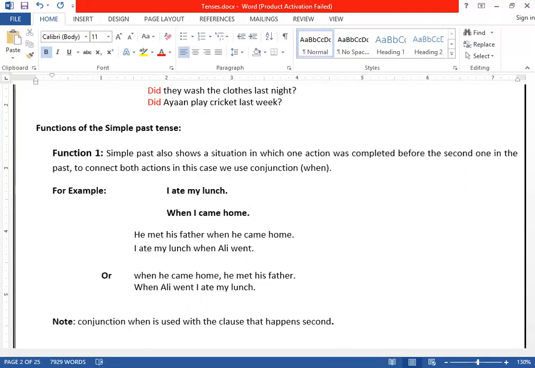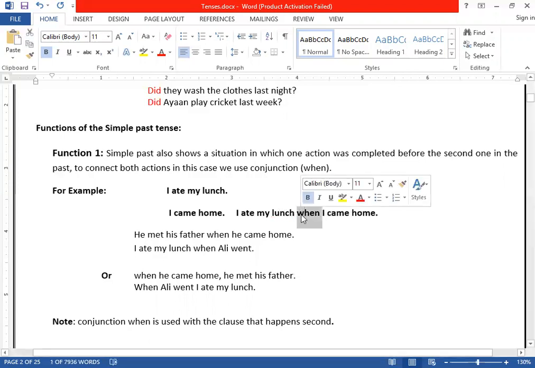Simply, if you want to say, I ate my lunch, I came home, it does not seem that advanced. You can use it in this way. You will say, I ate my lunch when I came home. So the conjunction when is used here to combine these two clauses. This is a situation when one action was completed before another one.